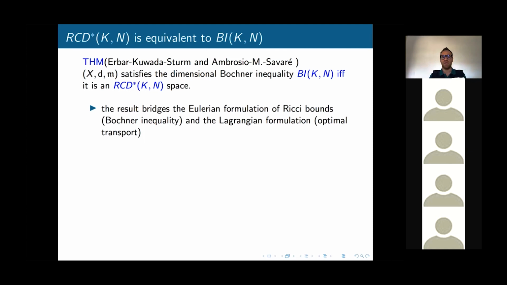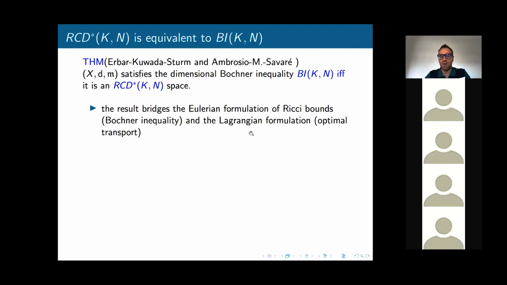Eulerian means that you are taking a picture of your fluid at a given time, and you see at that time the velocities at every point. In the Lagrangian formulation, instead of taking the picture of all the fluid, you follow each single particle along.